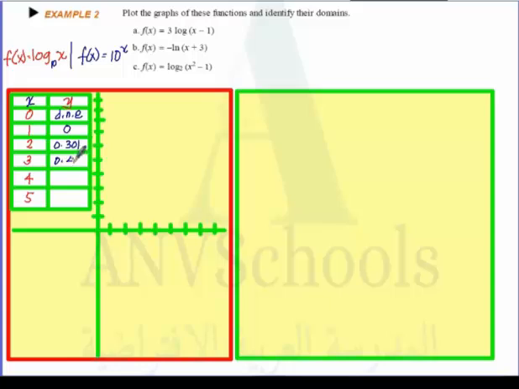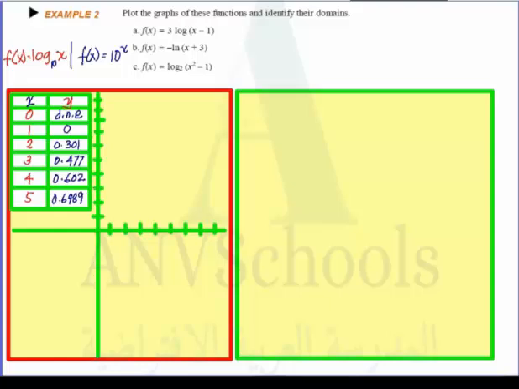Notice that the log values are increasing from 1 forward. Log 4 would give us 0.602. And log 5, the last of the example x values that we get, is 0.6989.